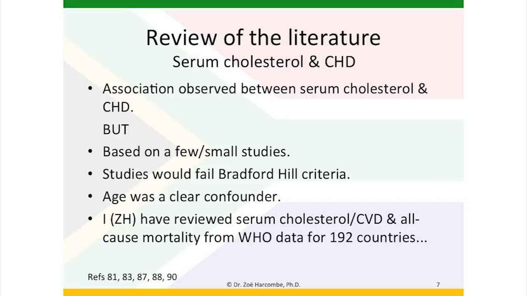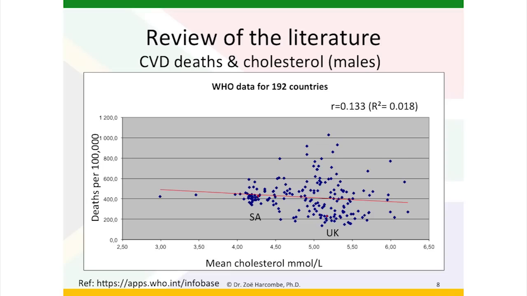So if you looked at the relationship and didn't adjust for age, age was the predominant factor that impacted heart disease. So I then personally have looked at blood cholesterol and cardiovascular disease and all-cause mortality from the World Health Organization data, not for 7 countries, but for all 192 countries for which there is data available.